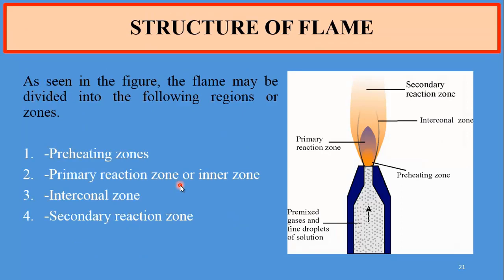And now it is very important to understand the structure of the flame. Actually, the flame is divided into four major parts. First, the preheating zone, then the primary reaction zone, the interconal zone, and the secondary reaction zone. So the flame is divided into four parts when the sample reaches the atomizer.